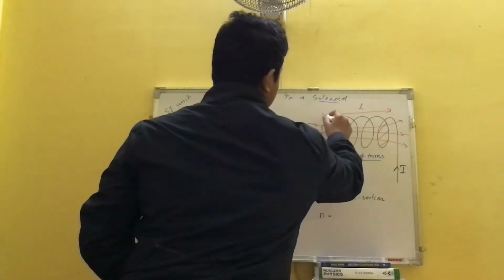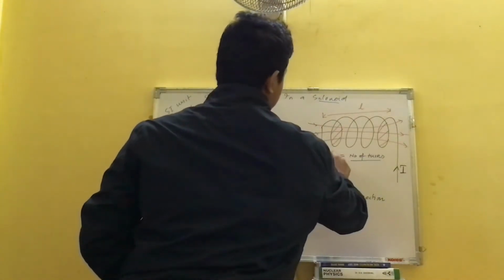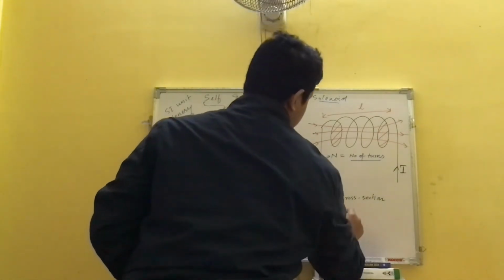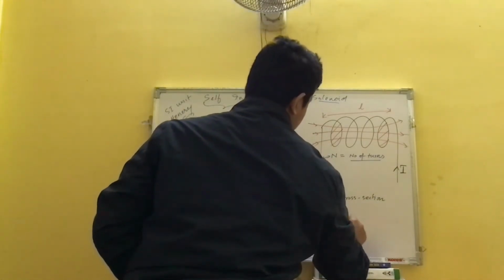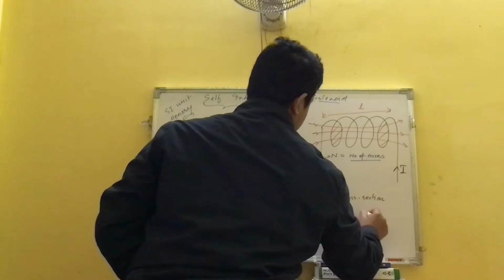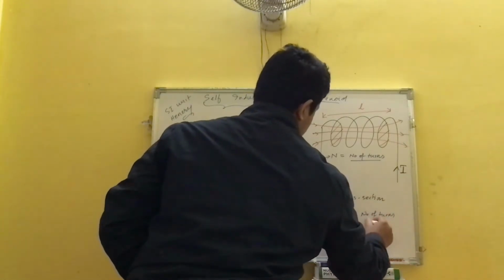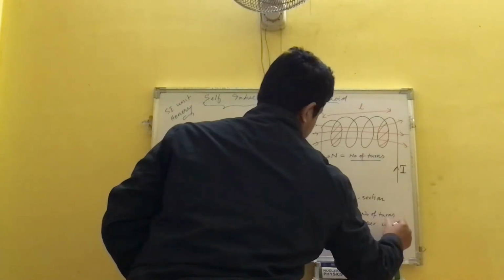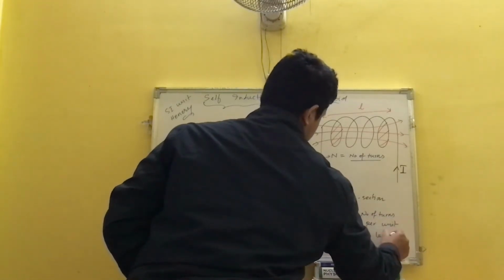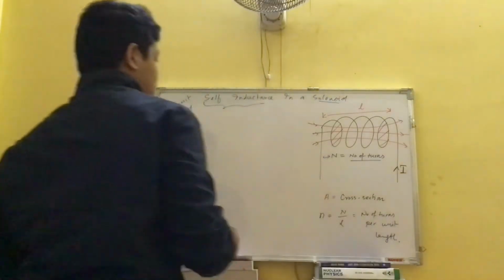So if in L length the number of turns is N, then in unit length it will be N by L.